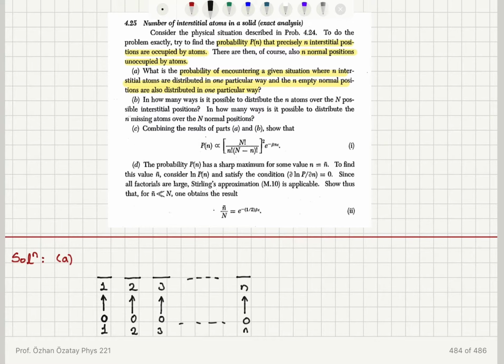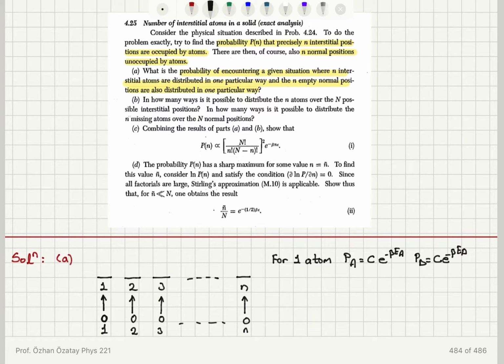So for one atom, we have probability of being in the normal position c times e to the minus beta ea, and probability of being in the interstitial position c times e to the minus beta eb.